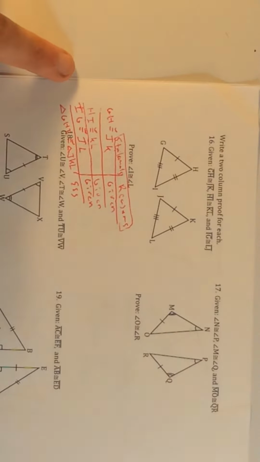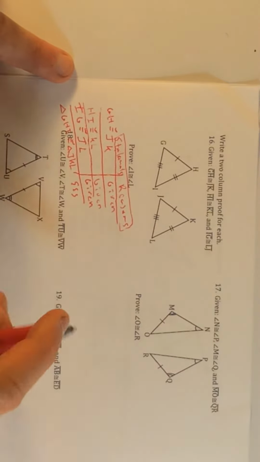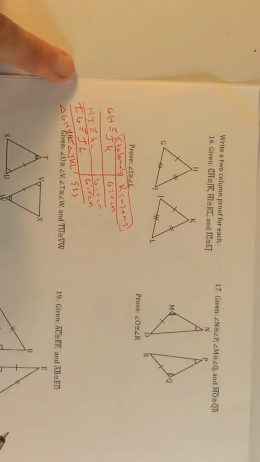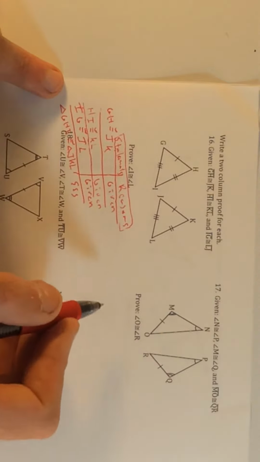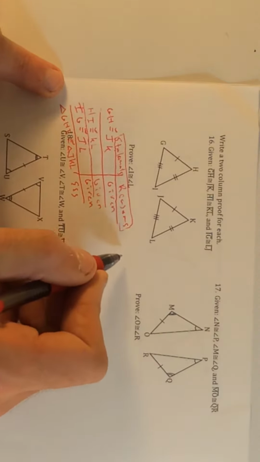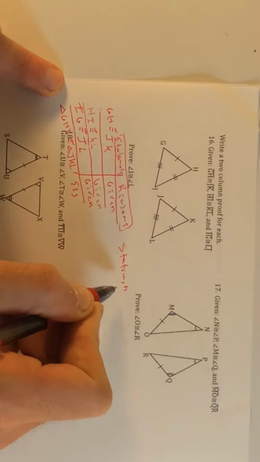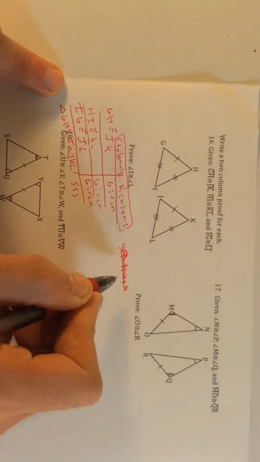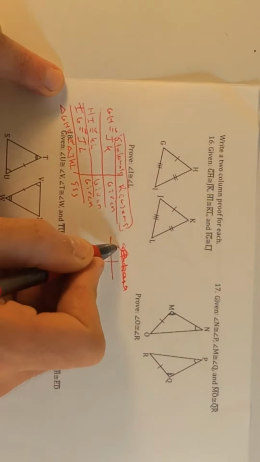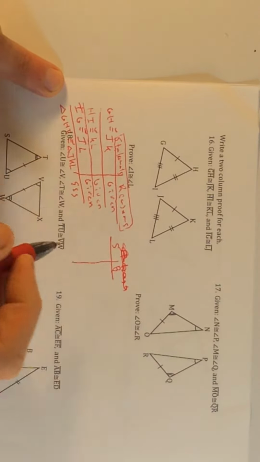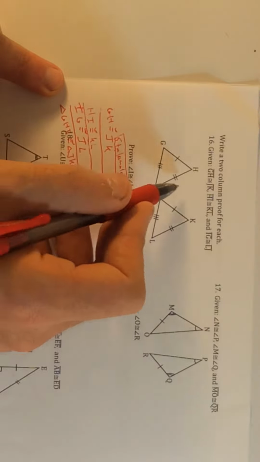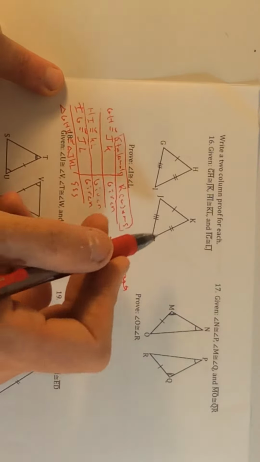Okay, and I'm going to finish this one up. If you need more space, feel free to do this on a separate sheet of paper. For me, I'm just going to venture over to this side and make new statements and reasons. So right now I just proved that these 2 triangles are congruent.